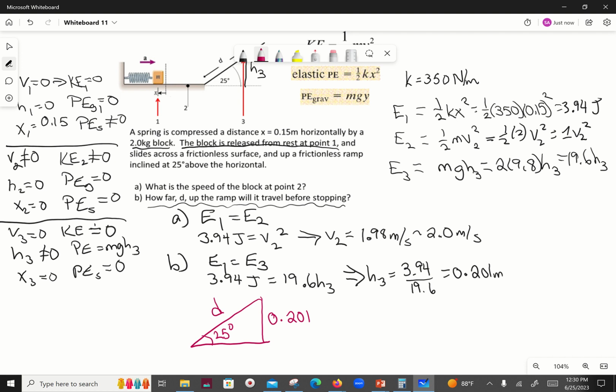So what do I know? Well, I know the side that's opposite. All right, so if I know opposite, I'm going to use the sine. So sine of 25 is equal to the opposite over hypotenuse.